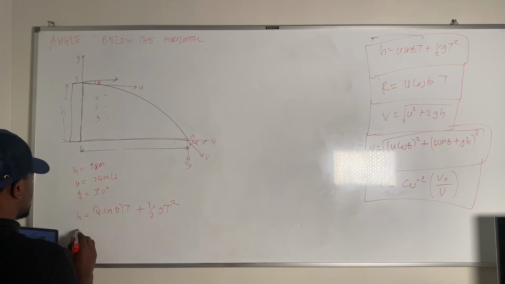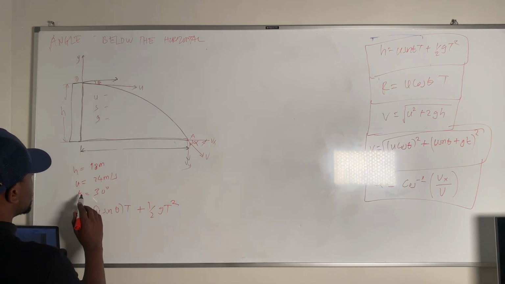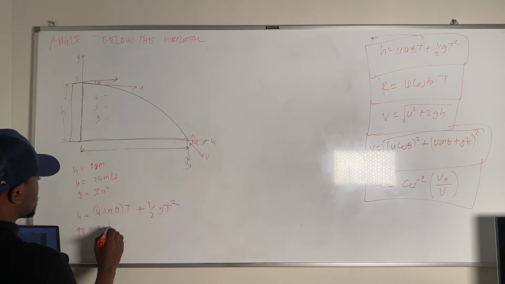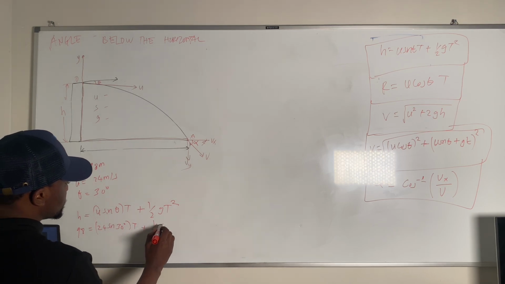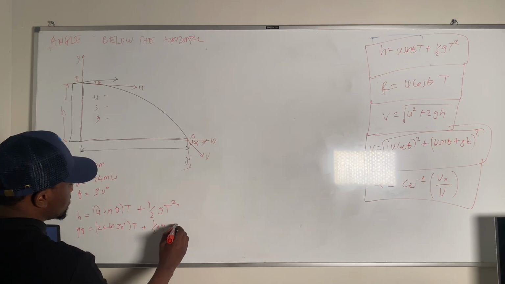So h is 98 equals u, which is 24 sine of 30 degrees times t plus a half times 9.8 t squared.